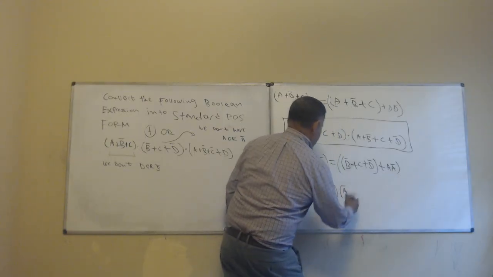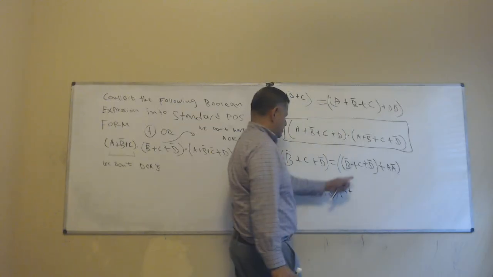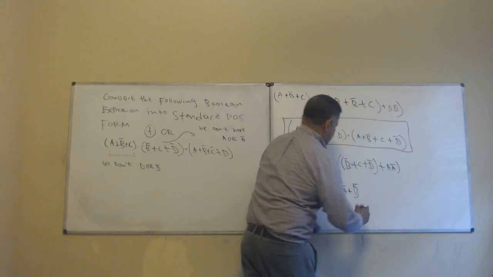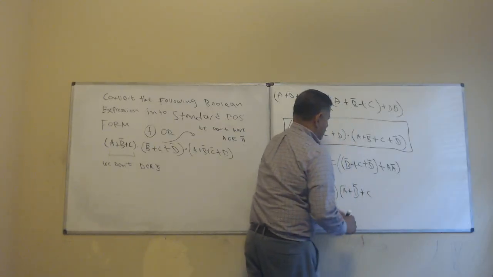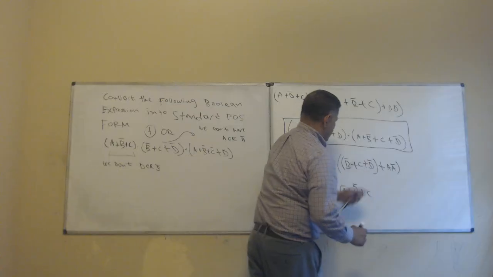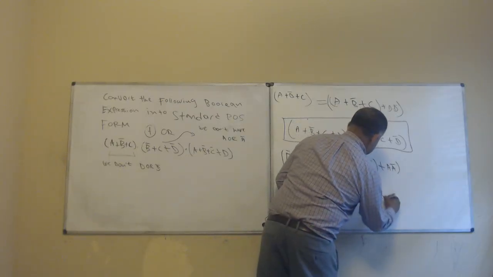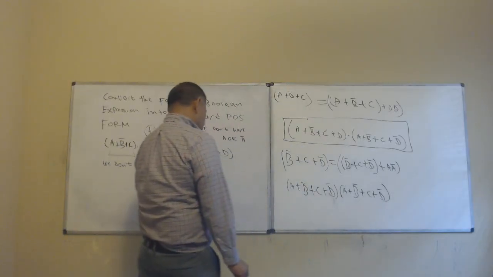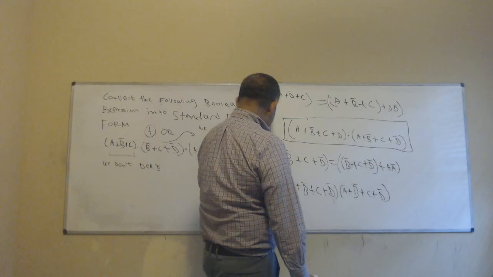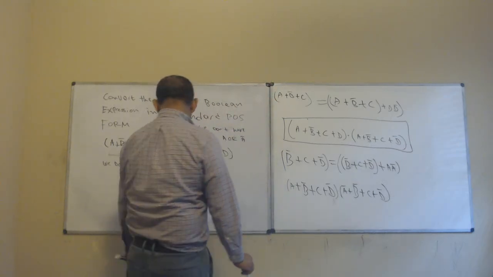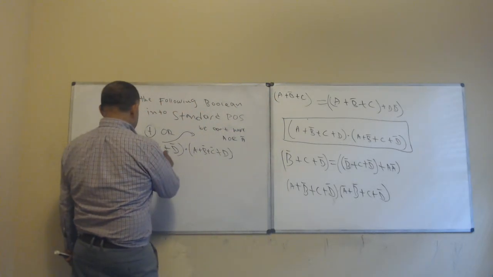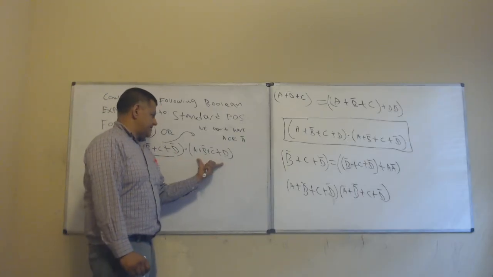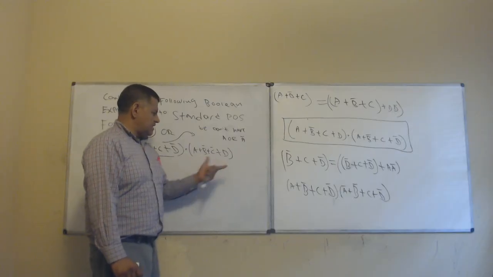Not A plus not B plus C plus not D. Okay. So now we have this guy complete. This is already complete, right? This is complete. A, B, C, D. Right?